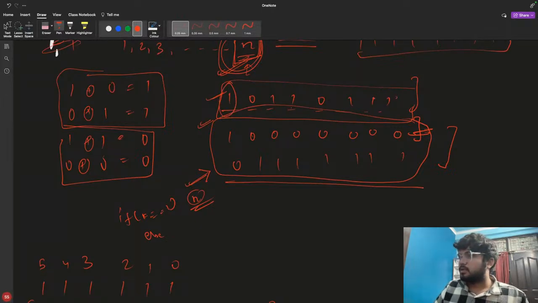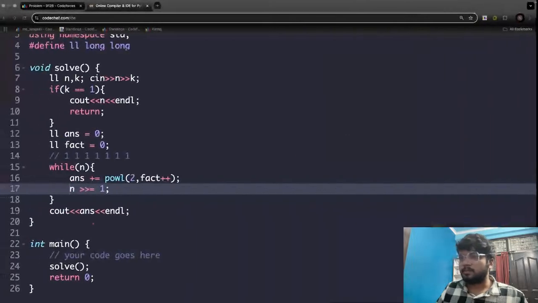Let's say this is the 0, 1, 2, 3, 4, 5, 6, 7th bit, right? So we'll add 7 ones. We will add 2 raised to the power 0, and then we'll remove this bit by right shifting this number, and then we'll add 1 to this exponent and add this, and then we'll again remove this bit, then we'll add this, and we'll again remove this till this number becomes 0. This is what we are doing.